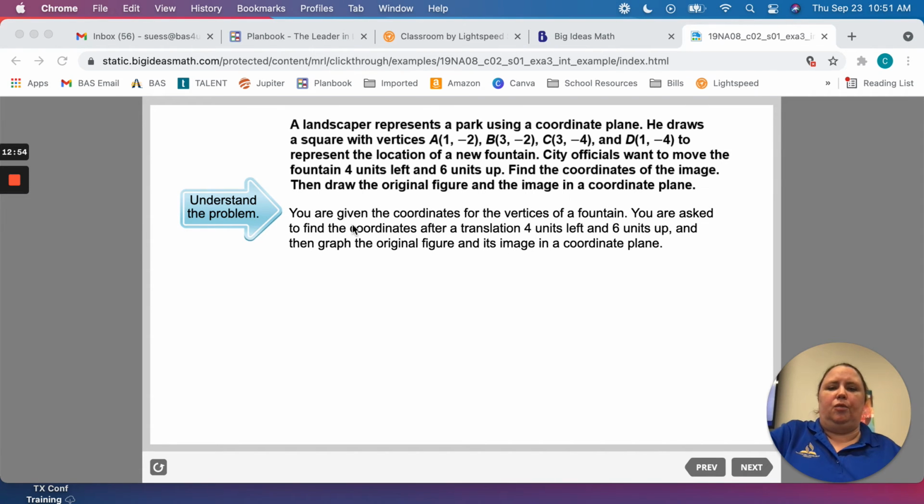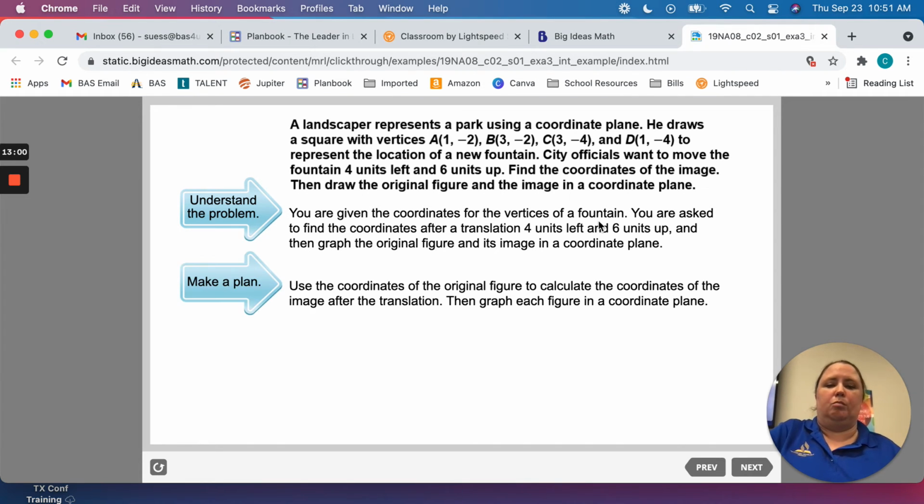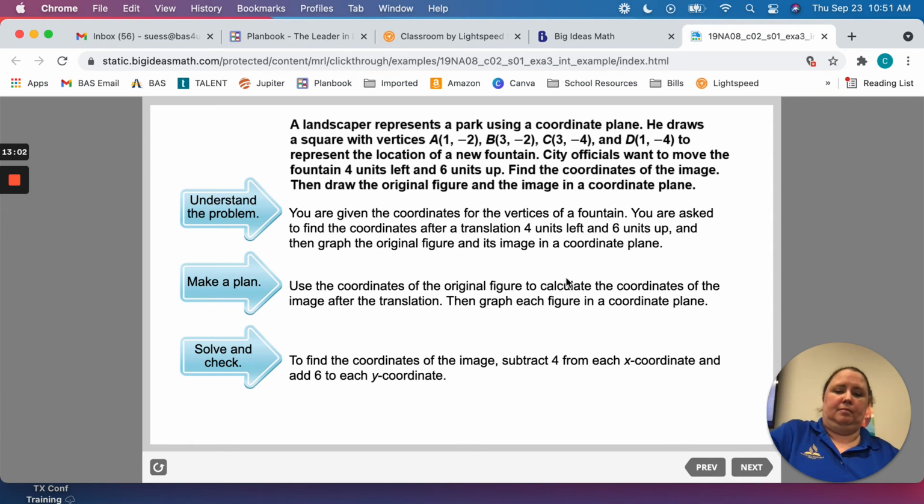All right, so first we're given the coordinates for the vertices of a fountain. And then we're going to find the translation, right? We're moving the fountain. So to find the coordinates, we're subtracting 4 from all the x's, and we're adding 6 to the y's. So here's what the algebra equation would look like.